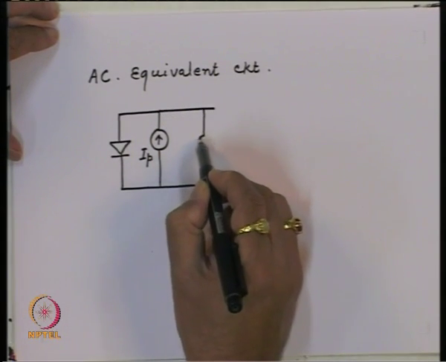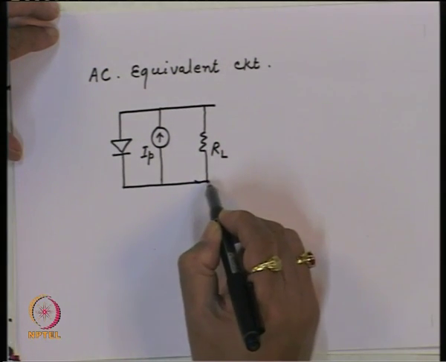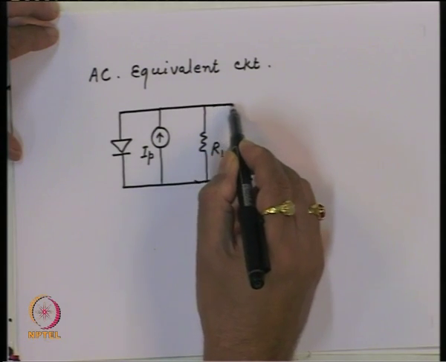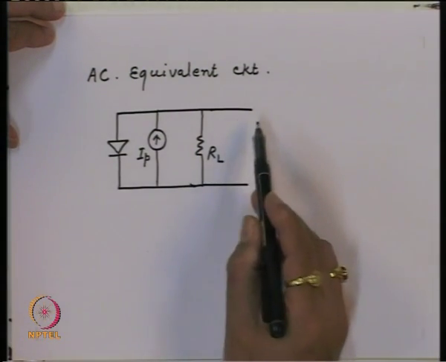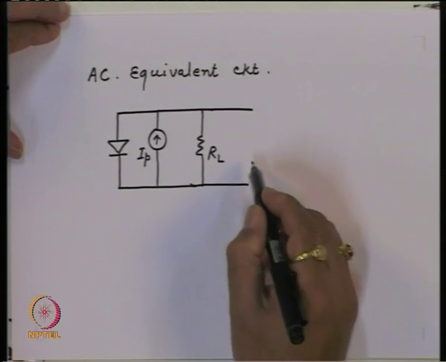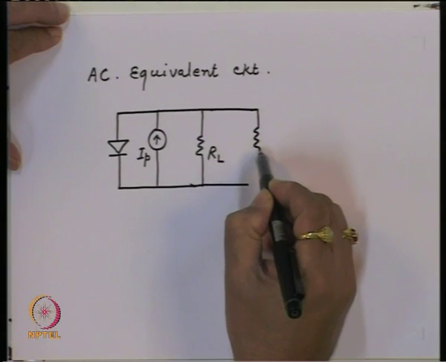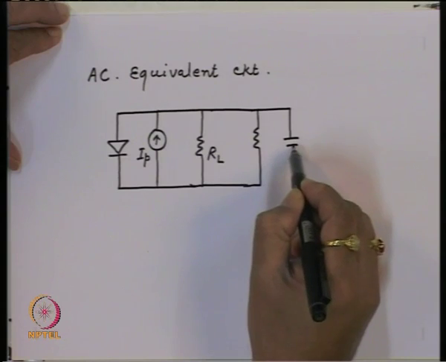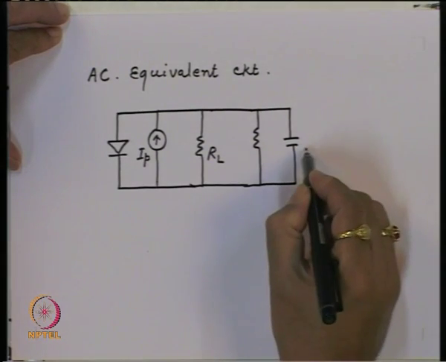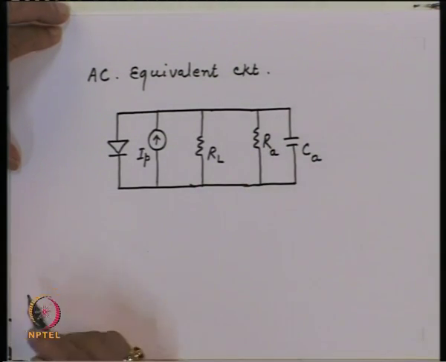This is connected through a load resistance RL, which is now connected to a combination which has the high input impedance and capacitances, so you may have a resistance here and some capacitance of, let us say, an amplifier. This is the resistance of the amplifier.